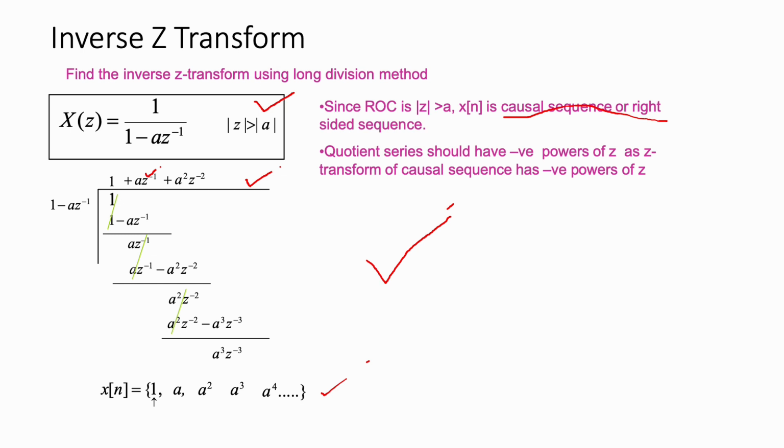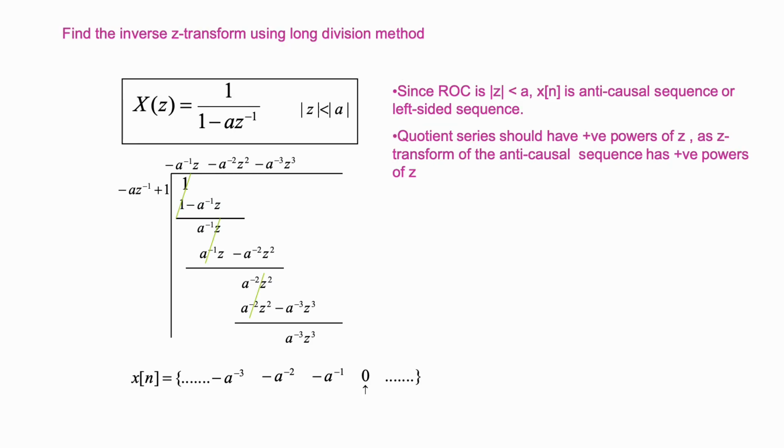The next problem, x of z equal to 1 divided by 1 minus a z inverse, the same one, but the ROC is less than a. Less than means the ROC is anti-causal or left-sided sequence.